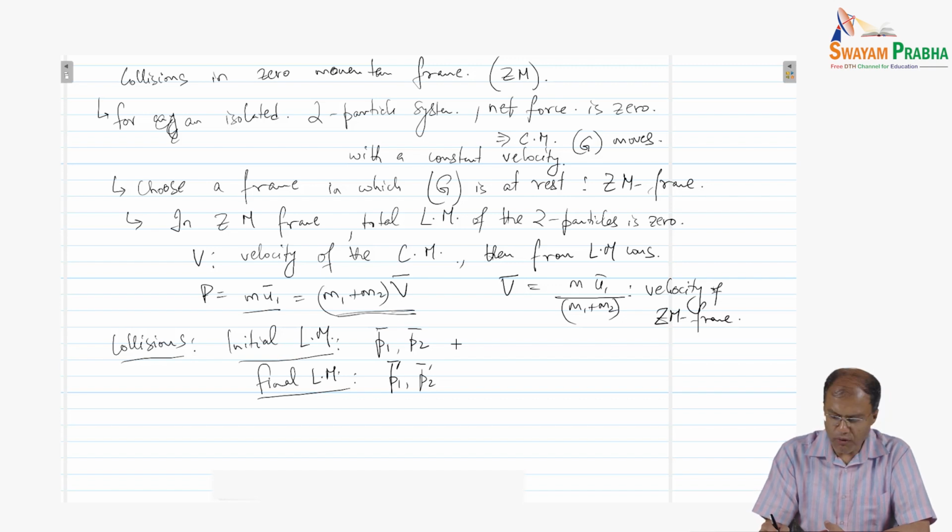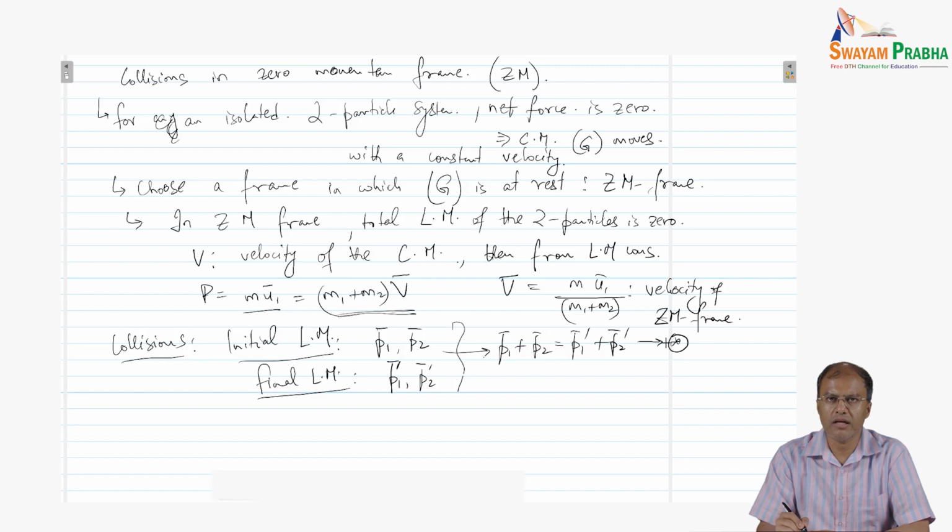Okay, so what we have is that P1 plus P2 is P1 prime plus P2 prime, and we see that this is conservation of momentum.